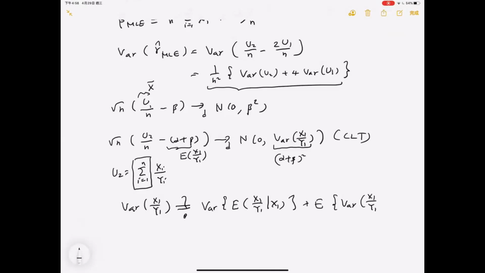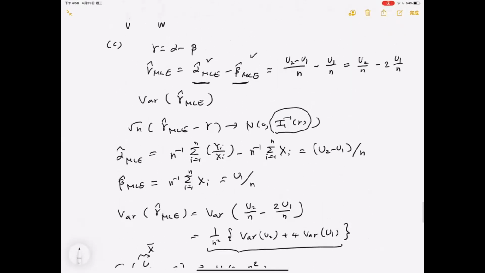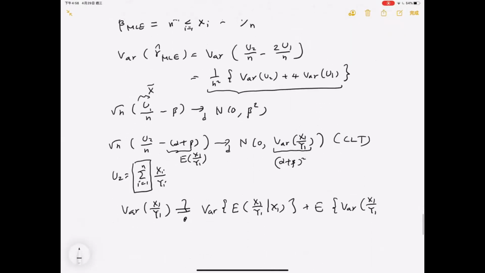Oh, I actually switched things around, pardon me. Everything is yi divided by xi, so y1 divided by x1.